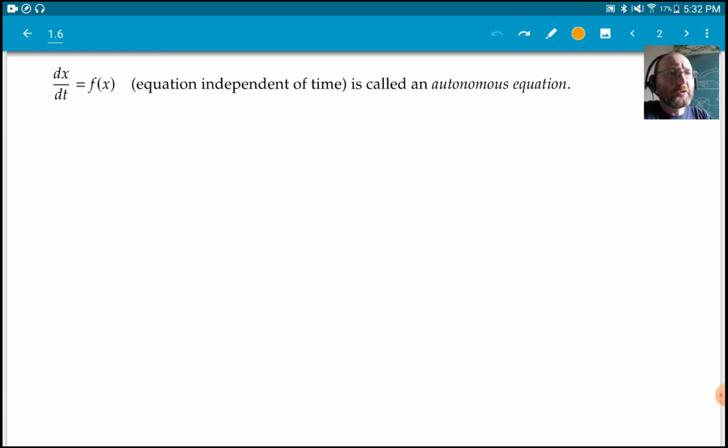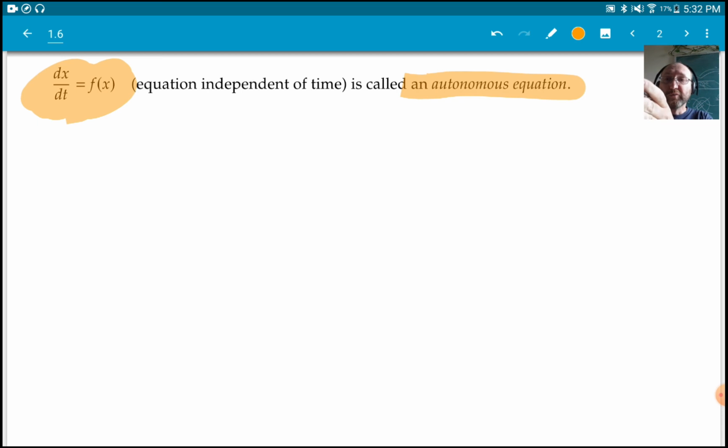All right, so what are autonomous equations? Autonomous equations are differential equations of this form. Basically, you have dependent variable x, which is the quantity that we're studying as it changes in time. So we're trying to figure out what is x of t, x as a function of t.